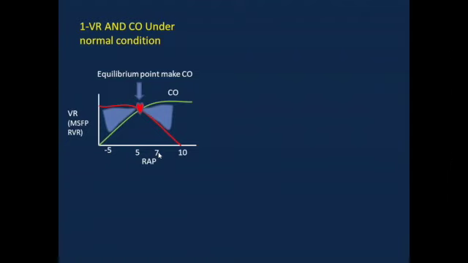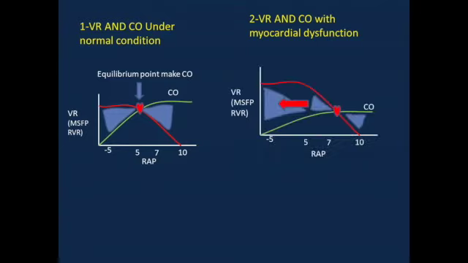Okay. The first abnormal pattern, when you have venous return and the cardiac output decrease due to myocardial dysfunction. The venous return is unaffected, still okay, but the heart cannot push the venous return as a cardiac output due to myocardial dysfunction.